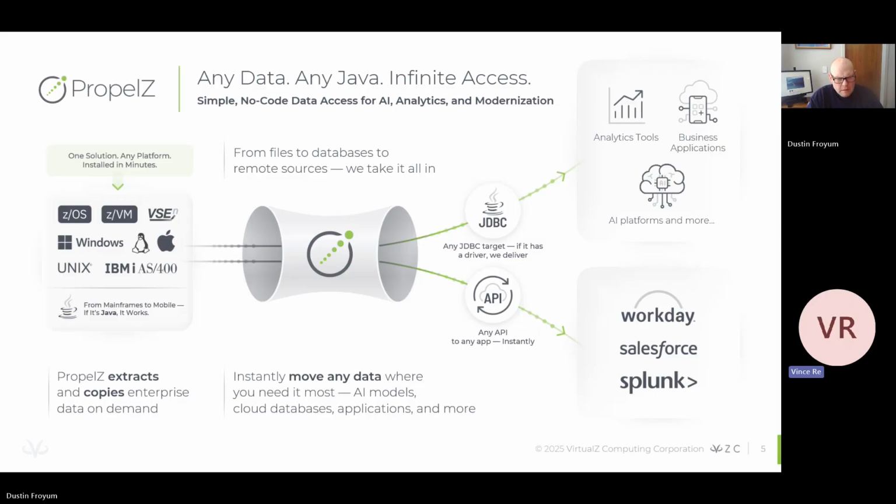In that case, there's a custom input stage that knows how to read that management data. And on the output side, instead of talking to a JDBC target, we directly invoke the Splunk APIs. So again, the sky's the limit. You can have the output really being anywhere you want it to be.